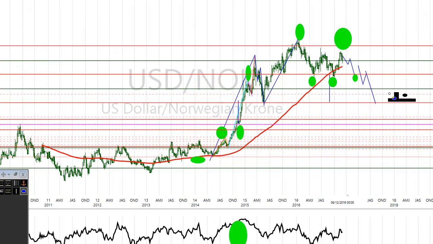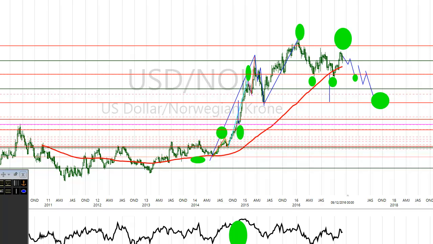But when that flat correction is completed, comparing this wave count on the weekly chart of the US dollar Norwegian krona, that's a wave count of a lower degree in comparison to the wave count of another higher time frame. The exact higher time frame to the weekly chart is the 22 weeks.